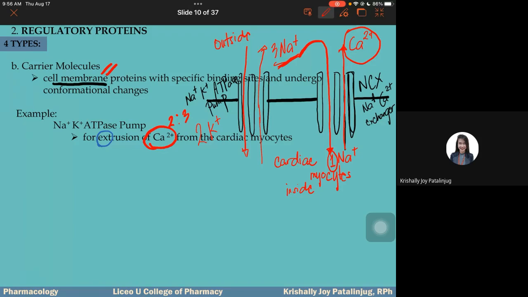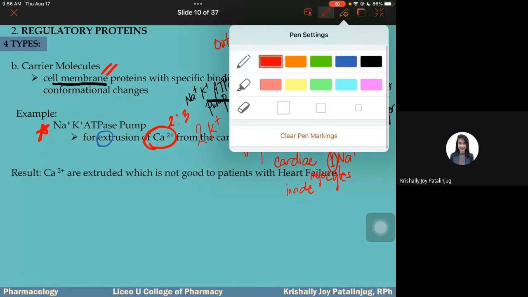Okay? Now, there are health conditions wherein this function of the sodium potassium ATPase is not good. For example, a patient with heart failure.